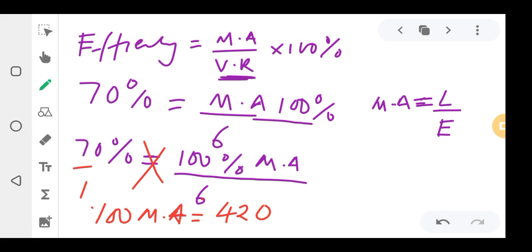But we are trying to make MA the subject. This is MA, so it means you divide both sides by 100, even that other side by 100. Okay?